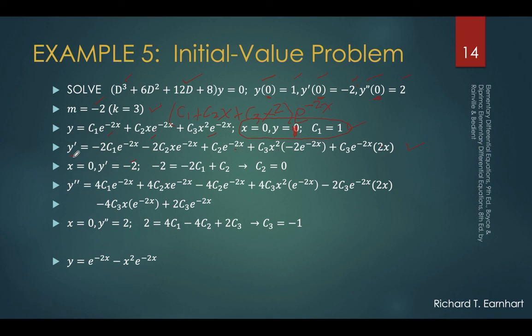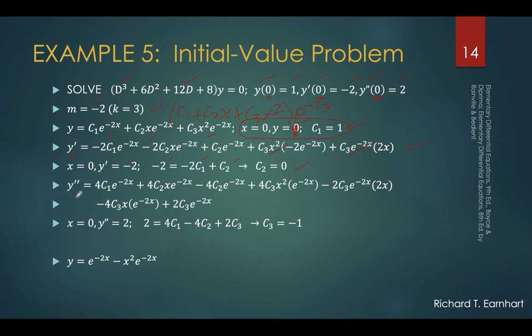So you have negative 2 here, negative 2 c1. All terms with x equal to 0 will be 0. c2 e to the 0 is c2, but c1 is 1. Transposing, that gives you positive 2, so c2 is equal to 0.